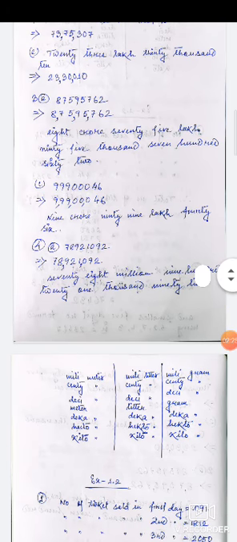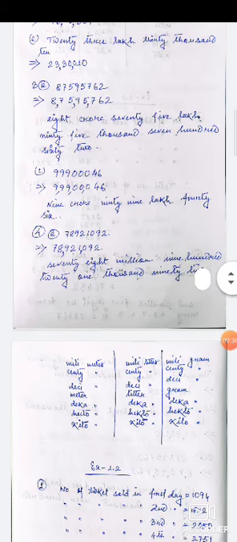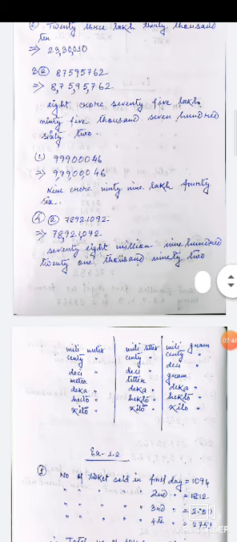Next, question number 4. Insert commas suitably and write the number names according to the international system of numeration. Okay, international system. So first we insert the commas. In the international number system, after every 3 digits we use a comma from the right.